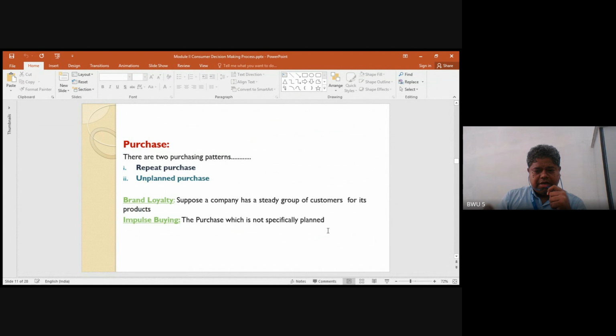We follow a pattern, and ultimately we purchase. Unplanned purchase is basically instant decision making. We don't think much. Planned purchase, we decide when we identify the need, we search information, adequate information, we evaluate the alternatives, ultimately select one, go and purchase, maybe offline or online.